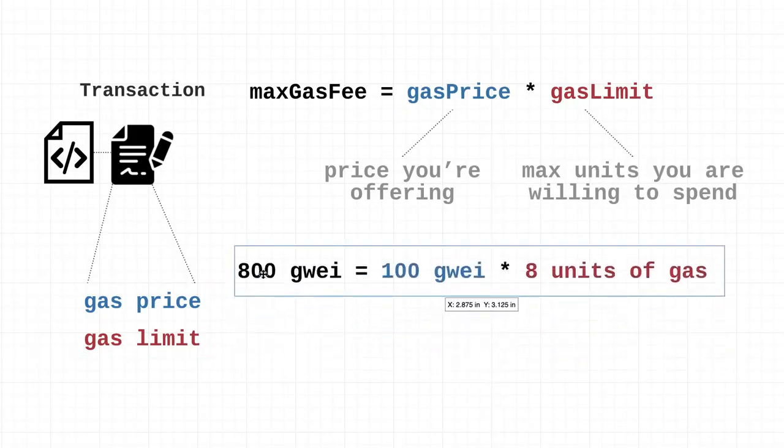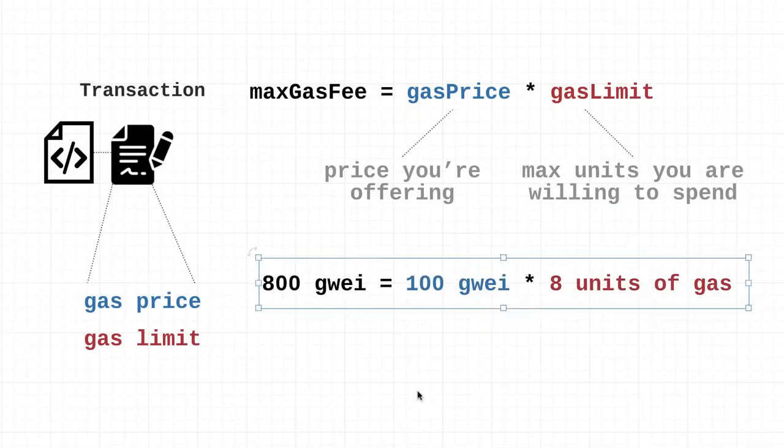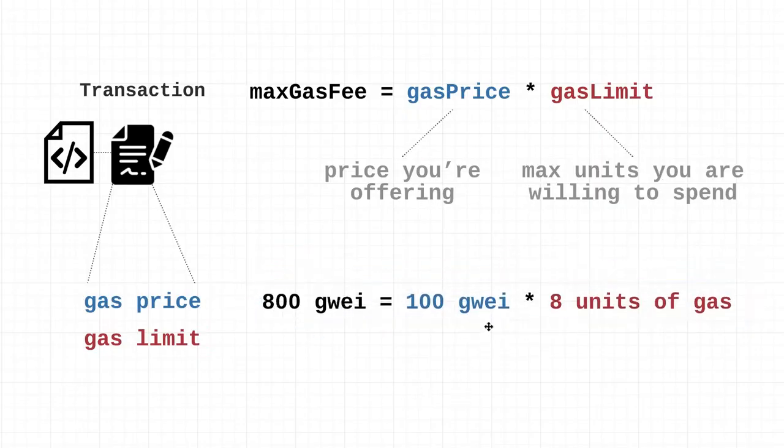So just to hammer this down, we will say that if you set a gas price of 100 gwei and you specified a gas limit of 8 units of gas, then this would equal a maximum gas fee of 800 gwei.